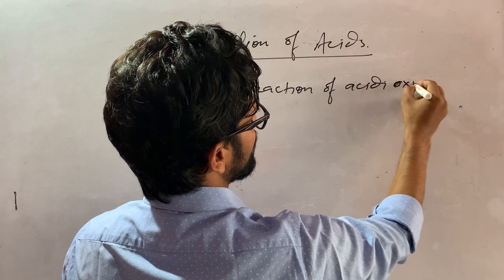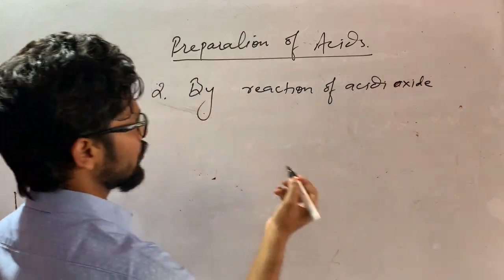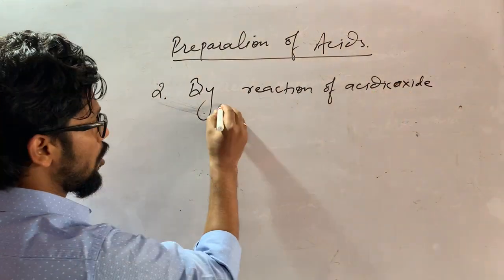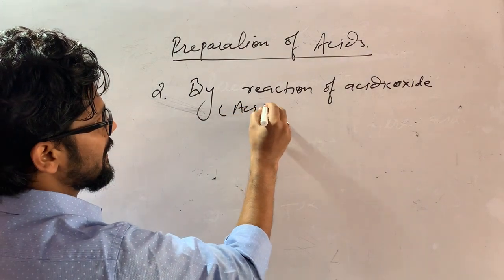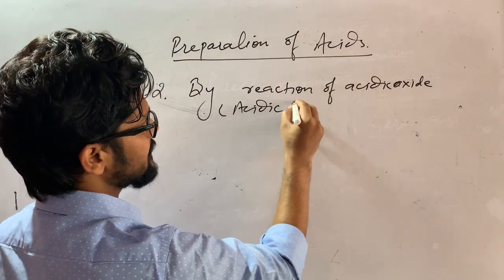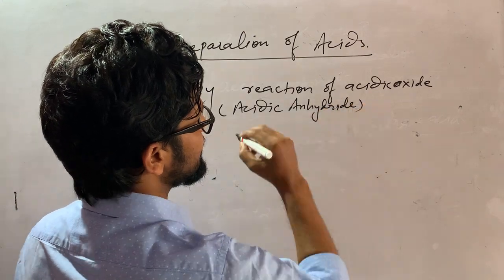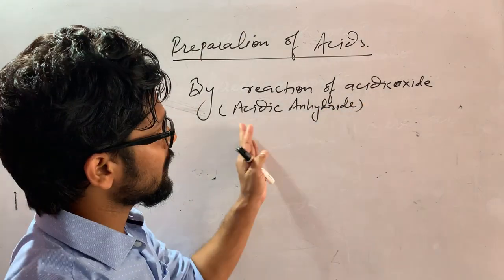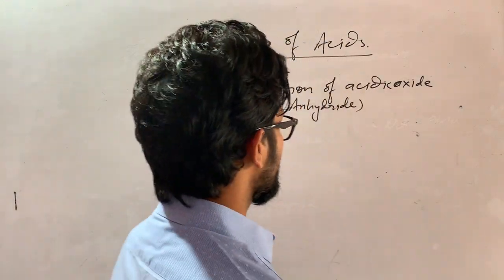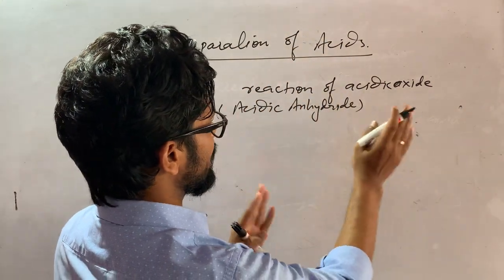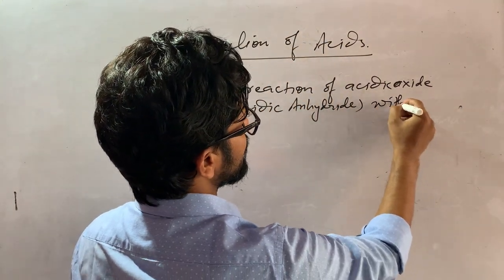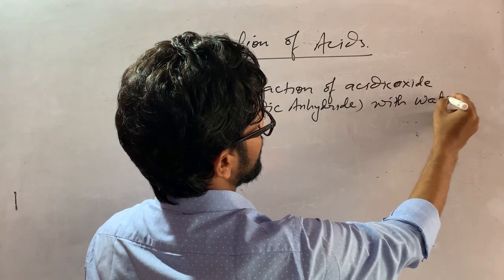Acidic oxide is also called acidic anhydride or acid anhydride. You must remember this word. Reaction of acidic oxide with water.